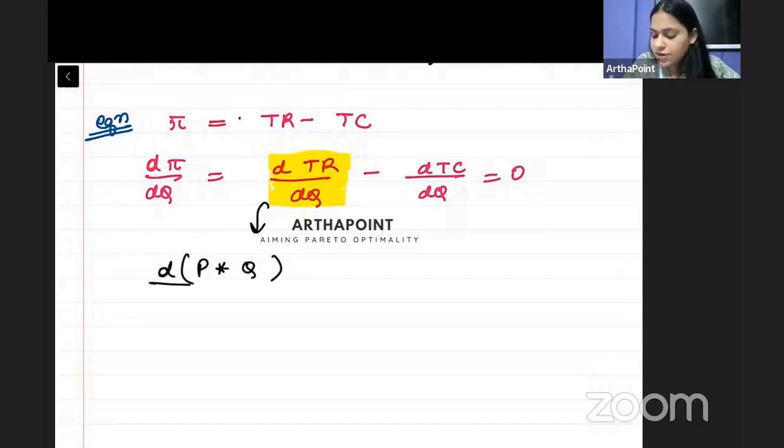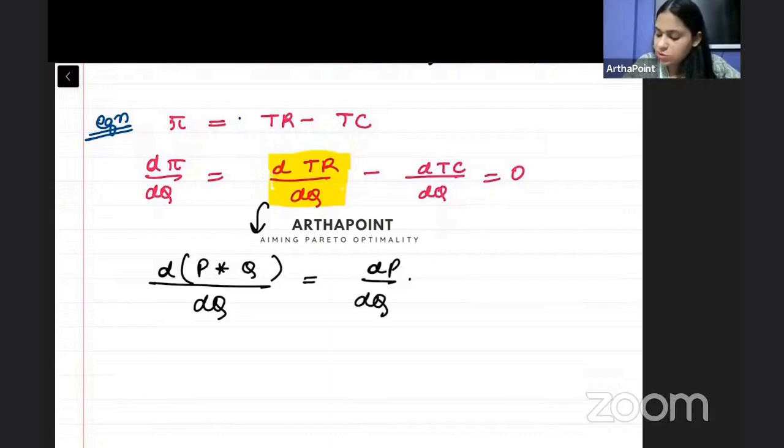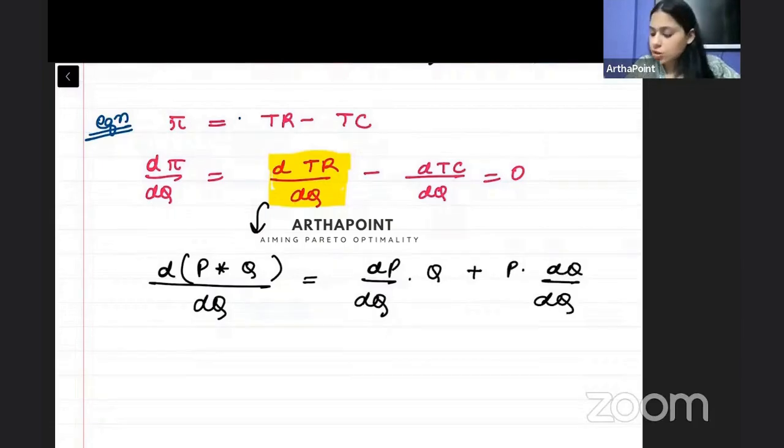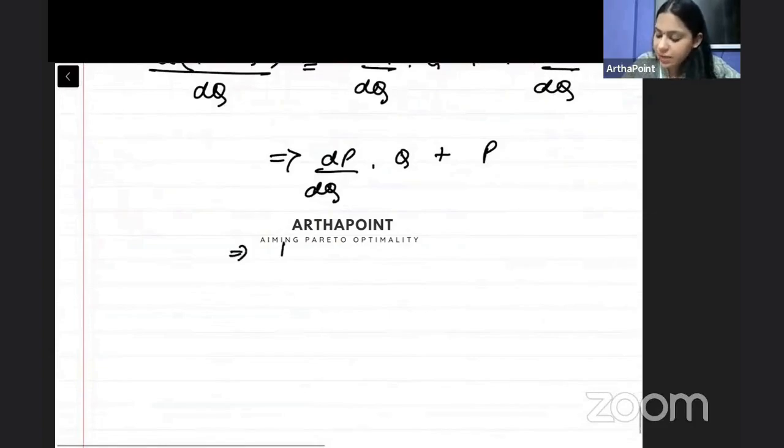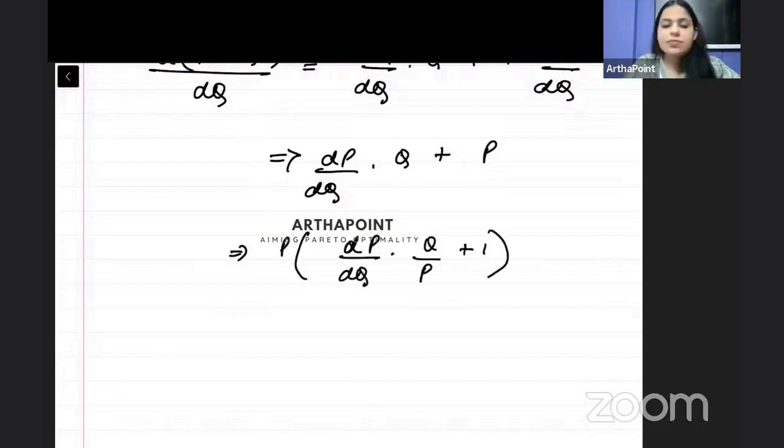So I need to differentiate P into Q with respect to Q. So differentiation of first function into second as it is plus first function as it is, differentiation of the second function. तो ये हो जाएगा dp by dq into q plus p. Right बेटा? बेटा if I take p common, तो यहाँ आ जाएगा dp by dq into q by p plus 1.